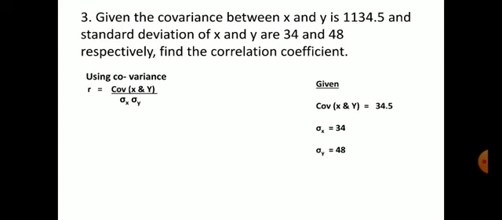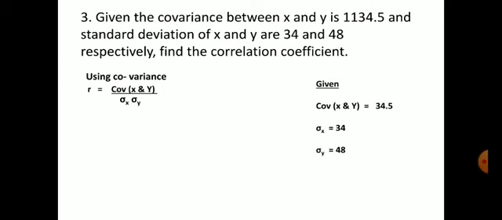Okay, going further, I'll take a simple problem on covariance. See, I had mentioned the covariance formula in the beginning. Whenever they have given the covariance, you can easily calculate the R value.